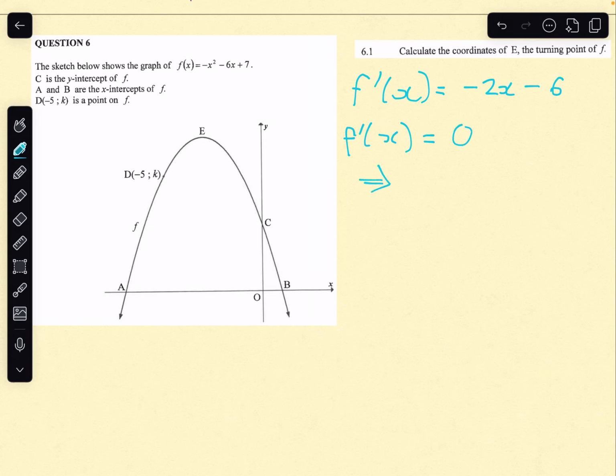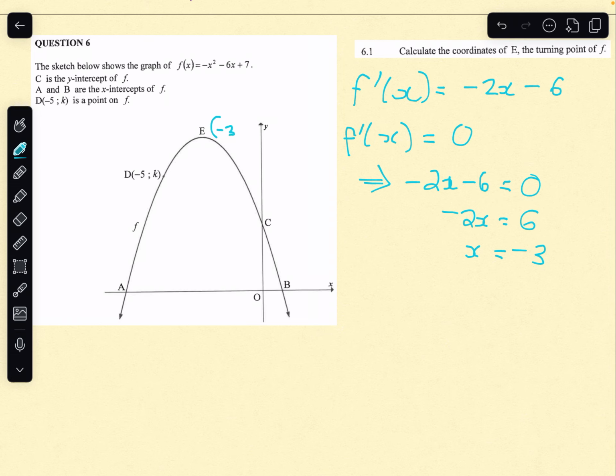Essentially we're trying to find the value of x where the tangent to the parabola is going to be flat, where its gradient is going to be 0. So minus 2x minus 6 equal to 0. So that means minus 2x is equal to positive 6. So x is equal to minus 3. Right, so now we found that the x coordinate is going to be minus 3.